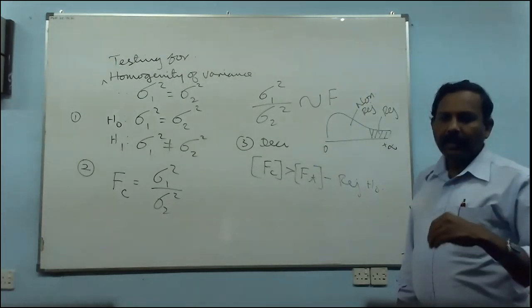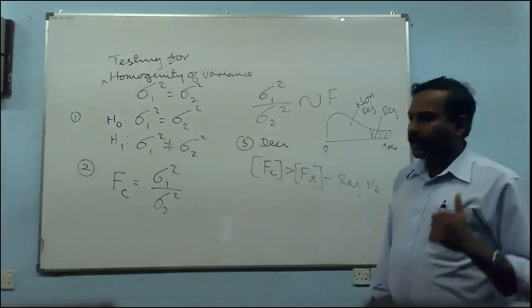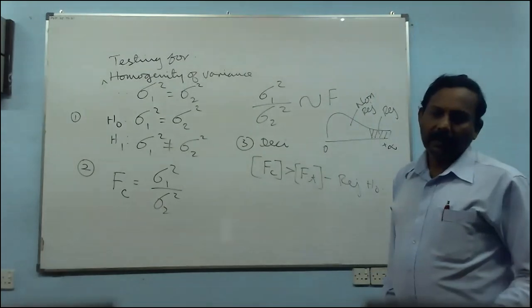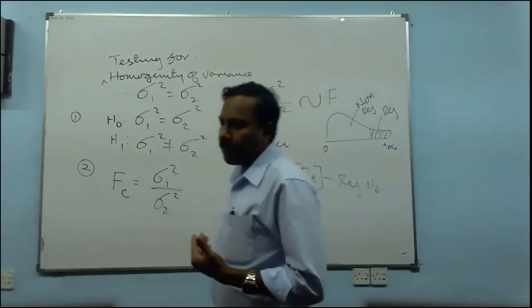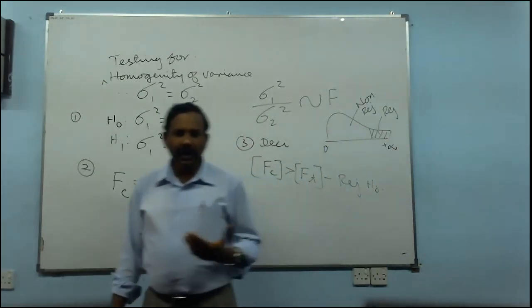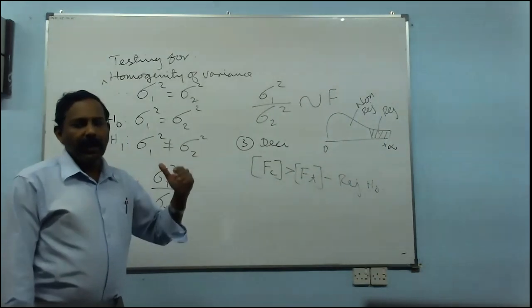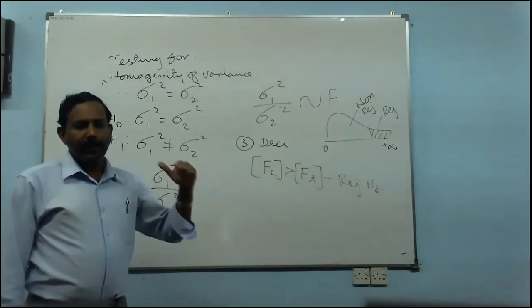Actually, the degrees of freedom will differ. We are not going to discuss that. We always assume there's an equal variance. For example, if you do this kind of exercise in any statistical software, it will give the results for two different conditions.